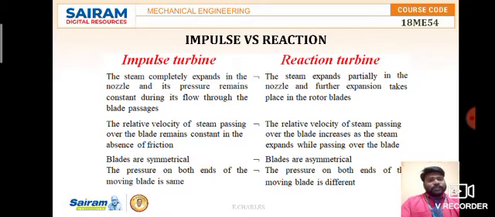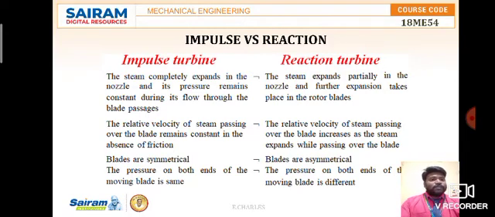Coming to the impulse turbine, the blades are symmetrical, and here in the reaction turbine the blades are asymmetrical. In the tangential direction, the steam comes and hits at the center of the blade, so it will move in both directions since it is a symmetrical shape. With the absence of friction, the inlet and exit velocities will be the same.